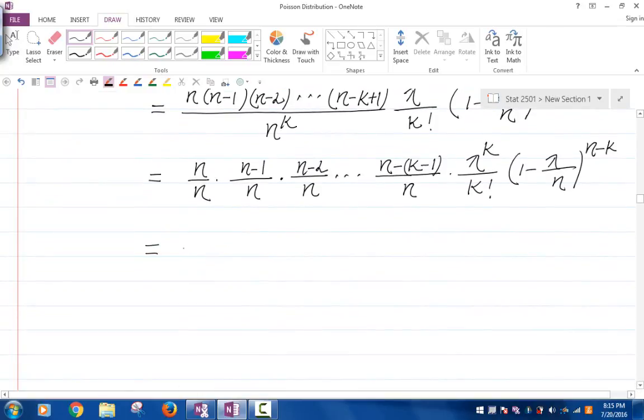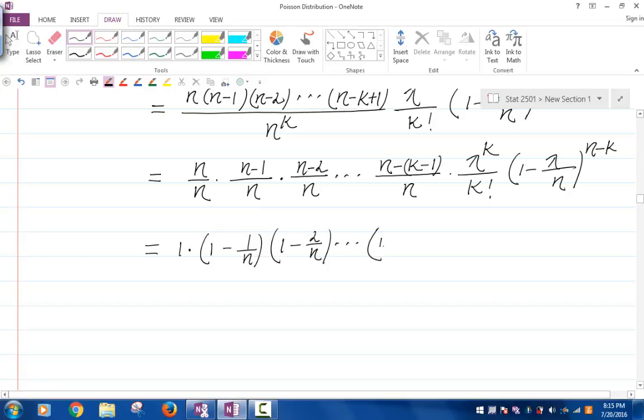Now what we have then is n over n, which is 1, times n minus 1 over n, which can be written as 1 minus 1 over n. N minus 2 over n can be written as 1 minus 2 over n, dot dot dot.